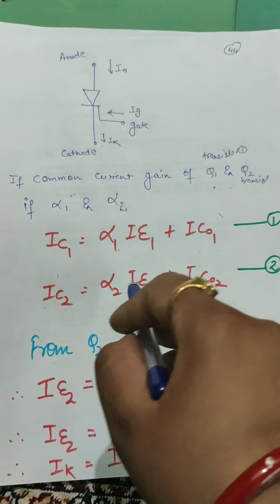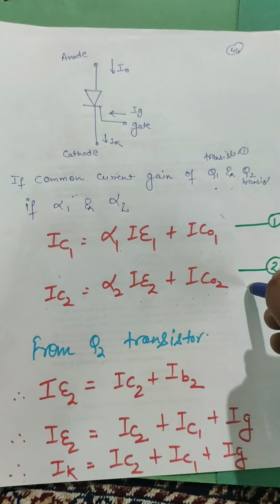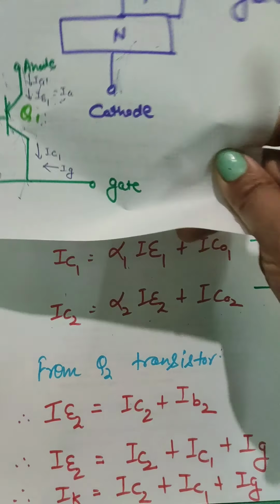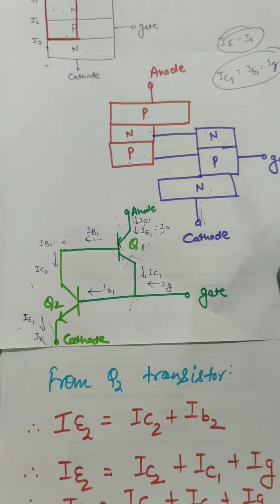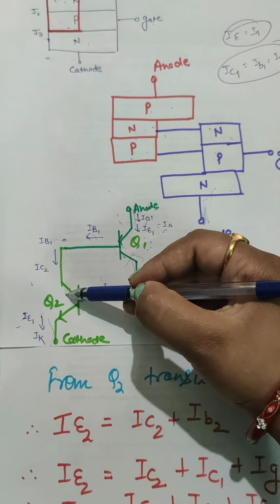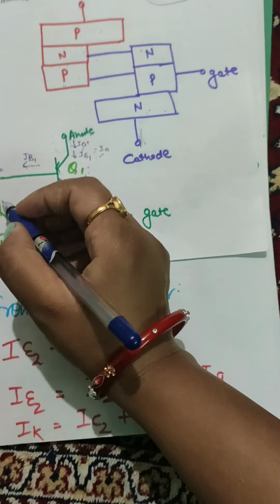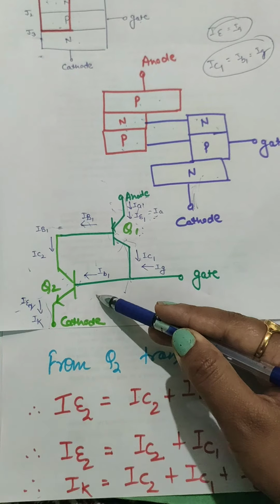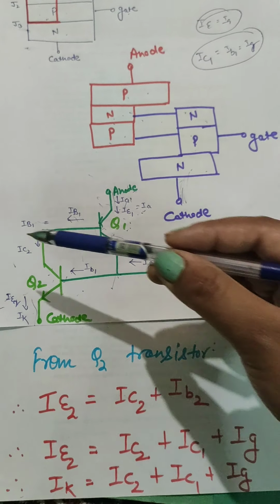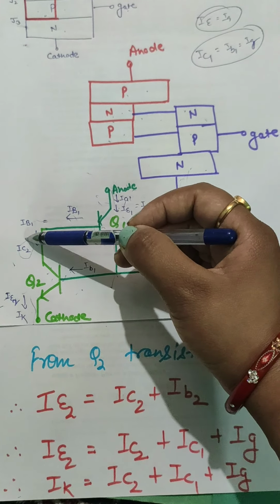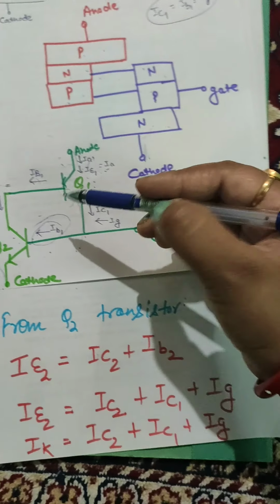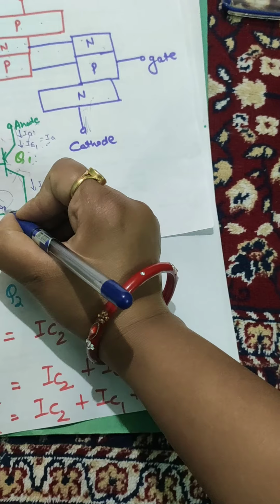IC2 is alpha 2 IE2 plus ICO2. For the Q2 transistor, the emitter current of the second transistor is equal to IC2 and IB2.